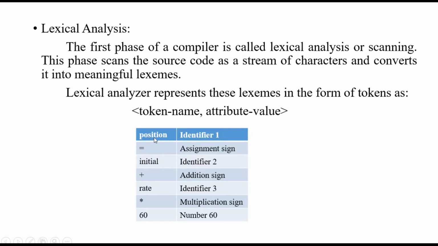First is position, identified as identifier 1, then equal to, which is the assignment sign.